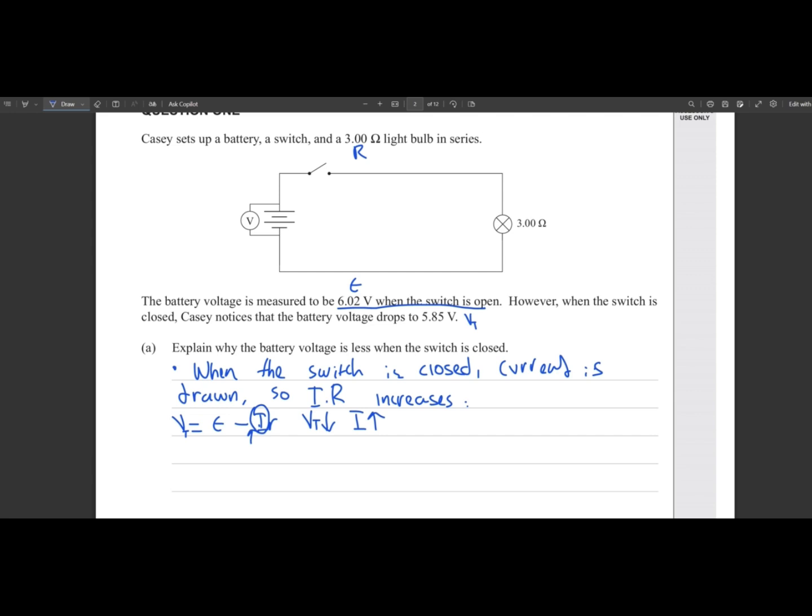Also note that when the switch is open, the resistance in this gap is nearly infinite, so no current will be drawn. That way you just get the raw voltage of the battery, which is your EMF.